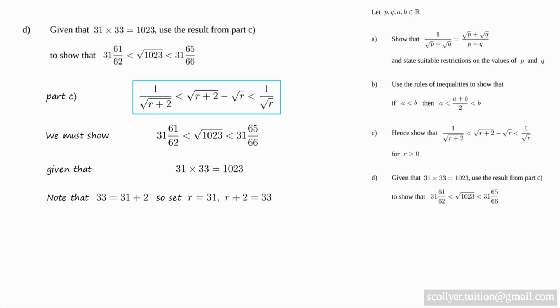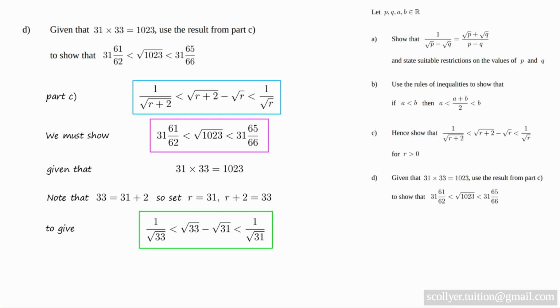And then we can substitute those values into the inequality from part C to show that root 33 minus root 31 lies between 1 over root 33 and 1 over root 31. And if we compare this inequality with the one that we have to show, then we see that there are too many square roots.